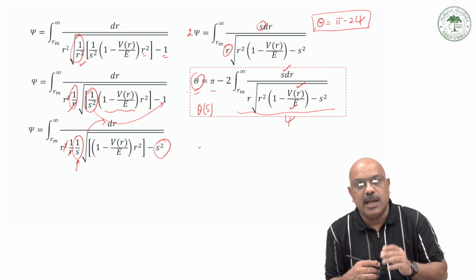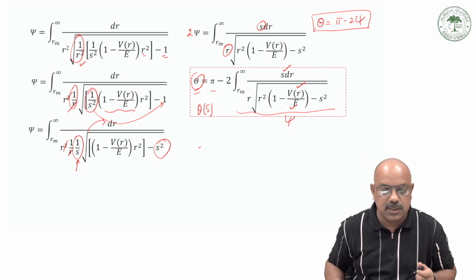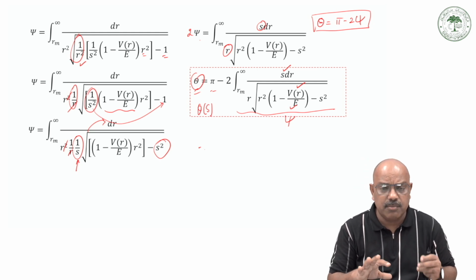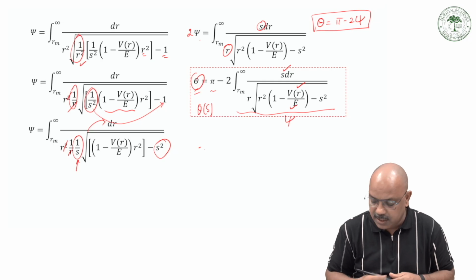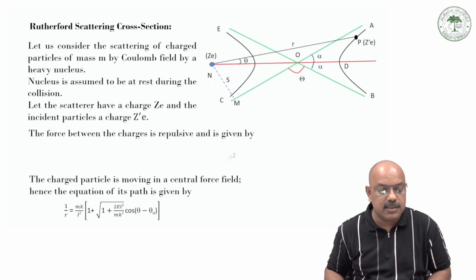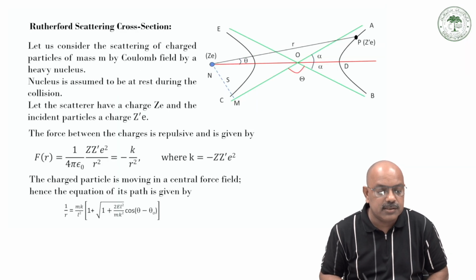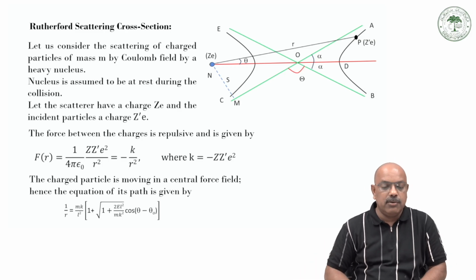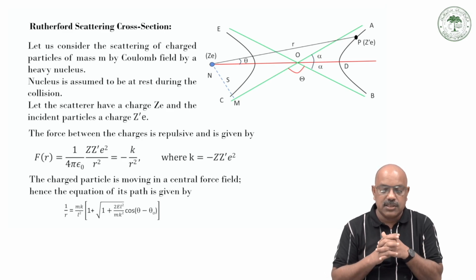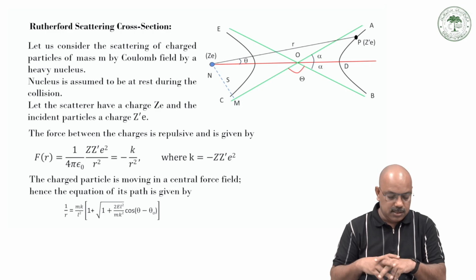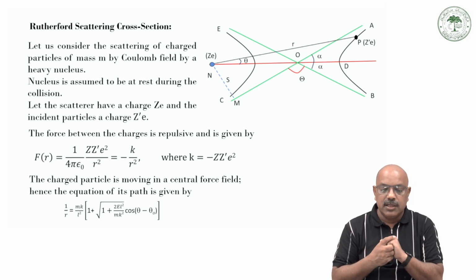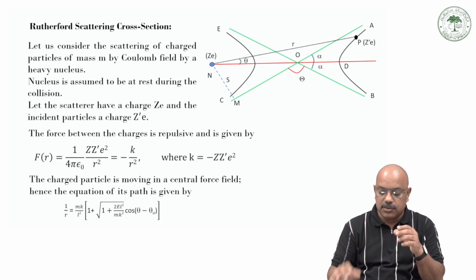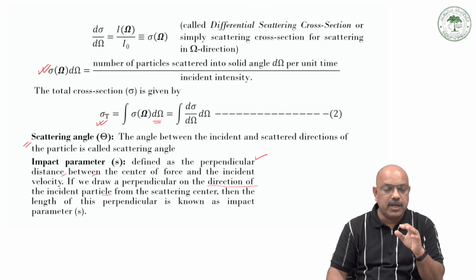So this is the preliminary of scattering, and then I'm going to apply it to the case of the Rutherford cross section. I'll touch this part of Rutherford scattering cross section in my next lecture. So I'll stop here because let's quickly review what we have done.